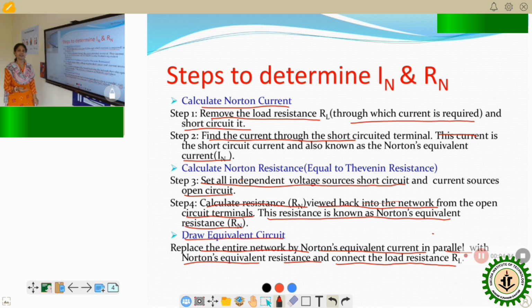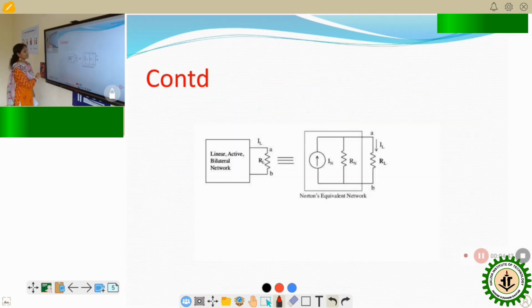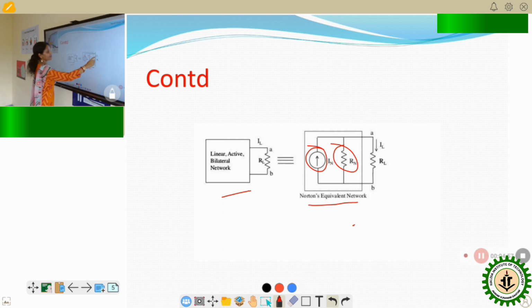That means again reconnect RL, and after reconnecting RL, calculate the current through the load resistor. This is the linear active bilateral network, and this is the Norton's equivalent network, having one current source in parallel with Rn, and then RL is the load resistor. This is the statement of Norton's theorem.